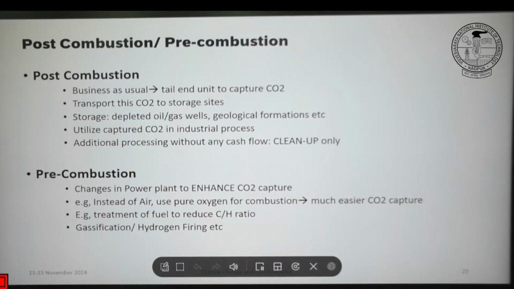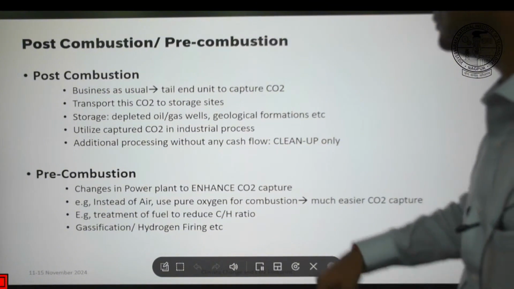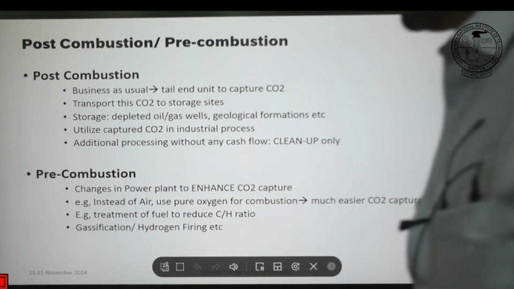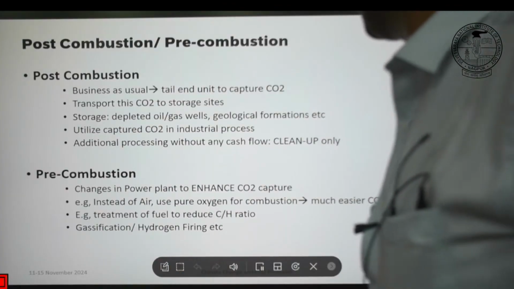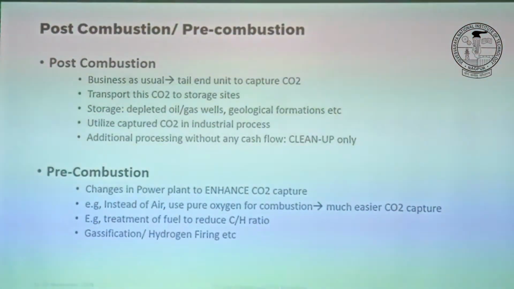Instead of sending it to a stack, you send it to a capture unit, and you capture the CO2 and send it to the storage side, which could be enhanced oil recovery or depleted gas well or any other geological formations. Or you go to the CCU route, utilization.